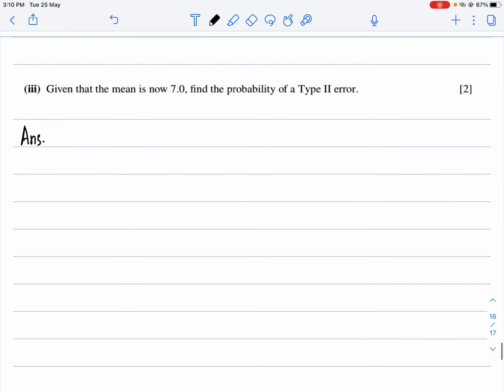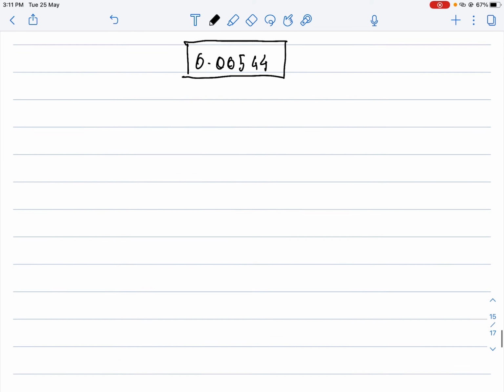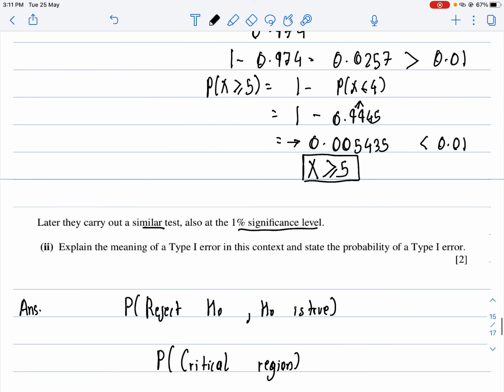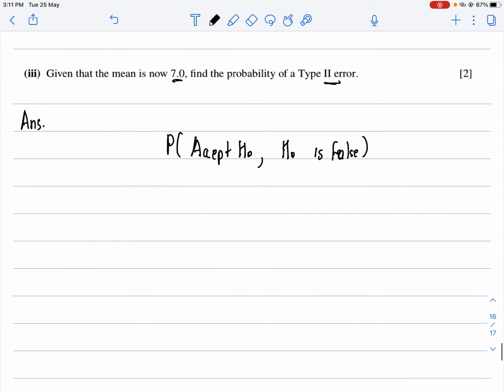Now, given that the mean is now 7, find the probability of a type 2 error. That means the probability of accepting the null hypothesis, but the null hypothesis is false. That's why it's an error. If you know the area of rejection is this, then the area of acceptance is x less than or equal to 4.